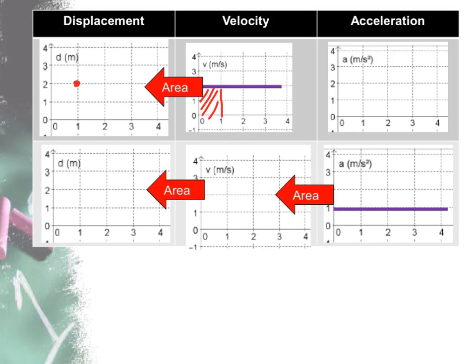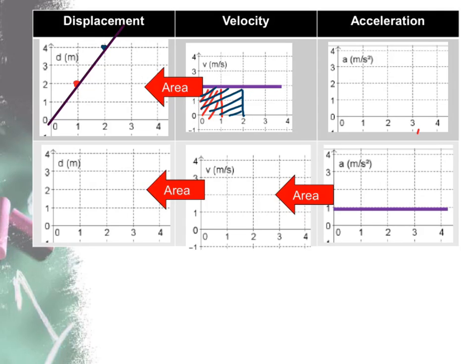Then I can do the same thing for 2 seconds, taking the area under the graph from 0 to 2 seconds. The area of this rectangle is 4 meters, so the displacement would be 4 meters there. I can continue to do that, and you'll notice that I end up with a line.